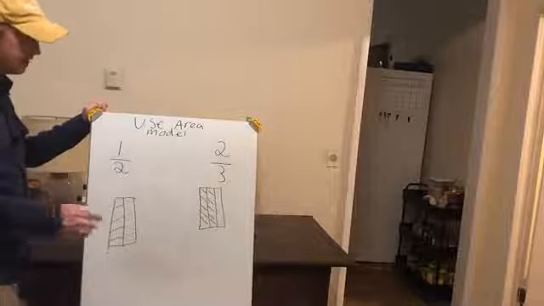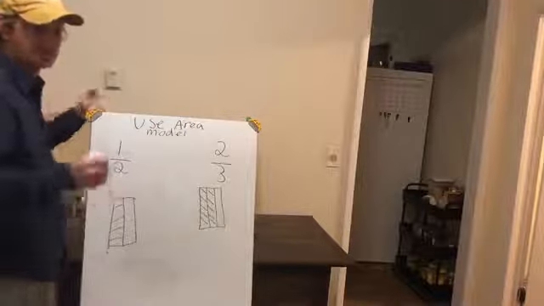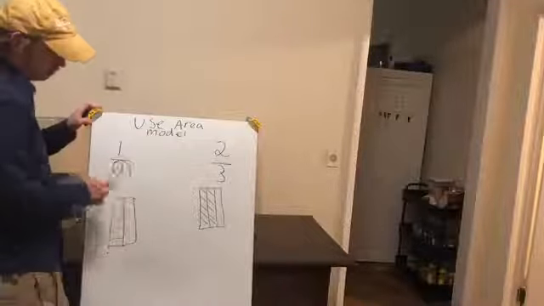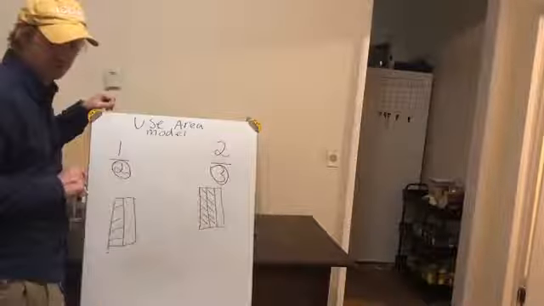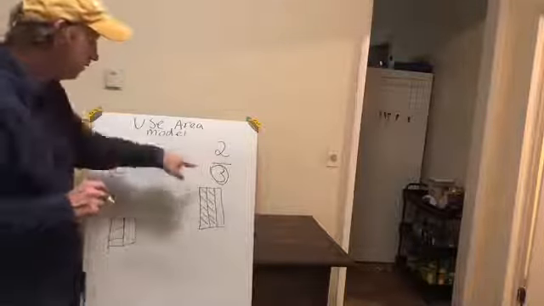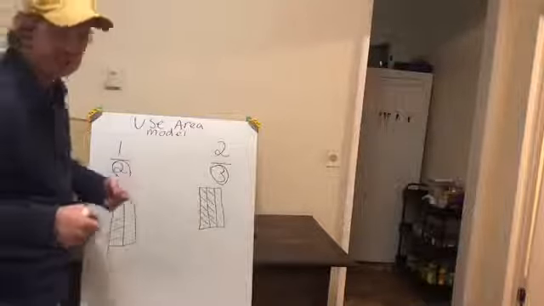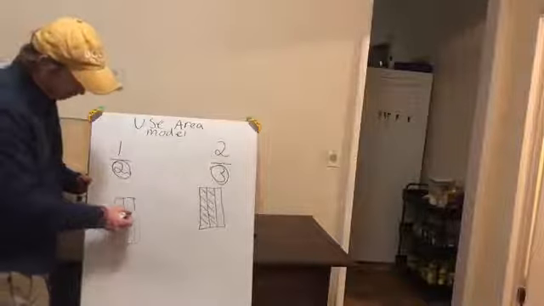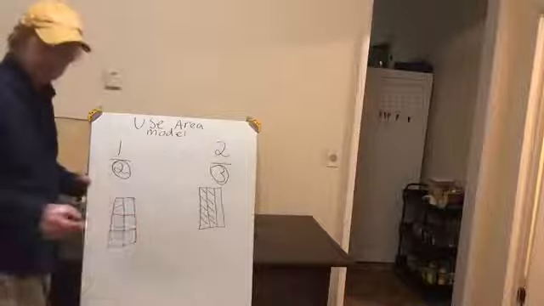So now I have to figure out how to use our models to find equivalent units, common units. Well, if I look at the denominator of 2, and I look at the denominator over here of 3, I notice that if you multiply them, they could become 6. 2 times 3 is 6. So I'm going to take my array and multiply it by 3 by adding 3 more sections. 1, 2, 3.